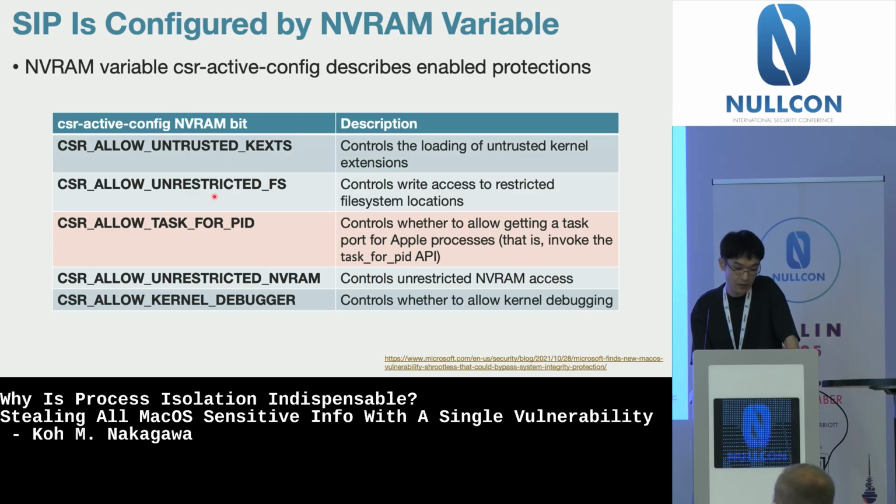CSR_ALLOW_UNRESTRICTED_FS controls write access to restricted file system locations. There's also a bit called CSR_ALLOW_TASK_FOR_PID, which controls whether a process can obtain a task port for another process. Very roughly speaking, a task port is like a process handle on macOS. CSR_ALLOW_TASK_FOR_PID enforces strong process isolation on macOS.